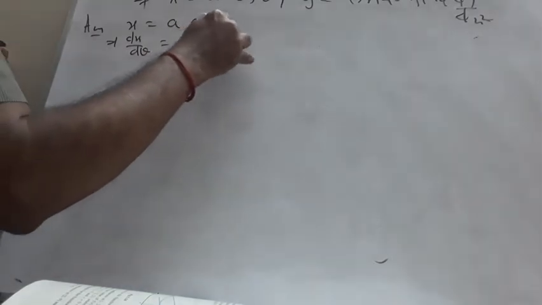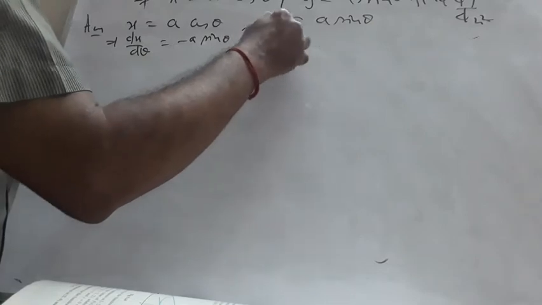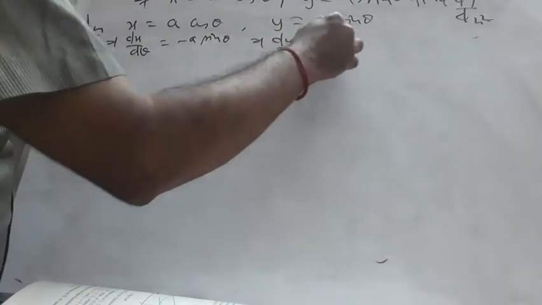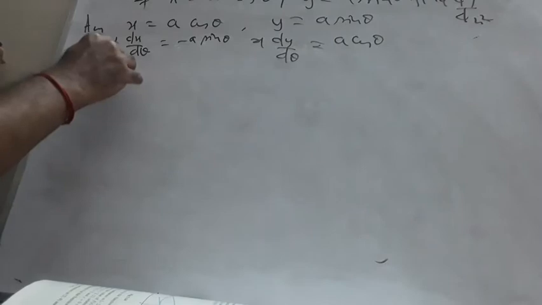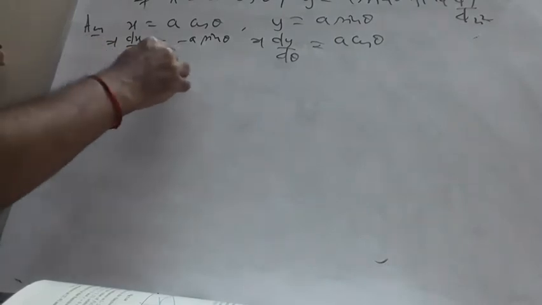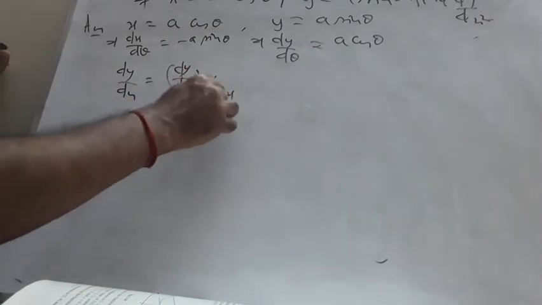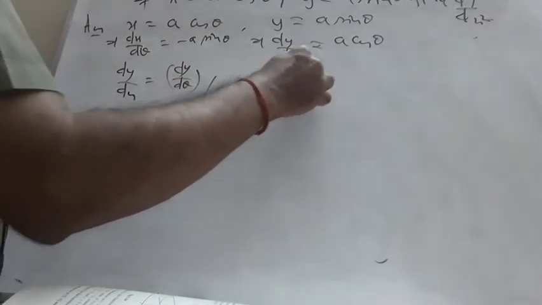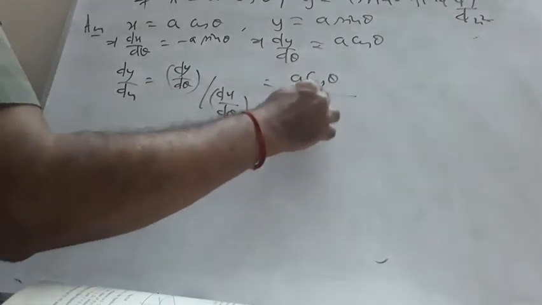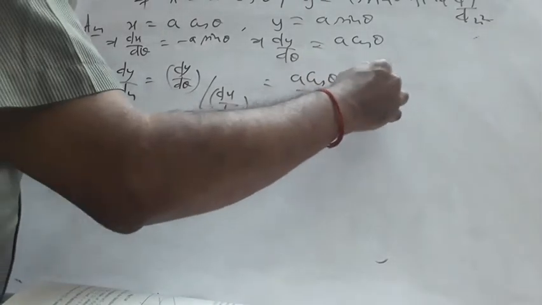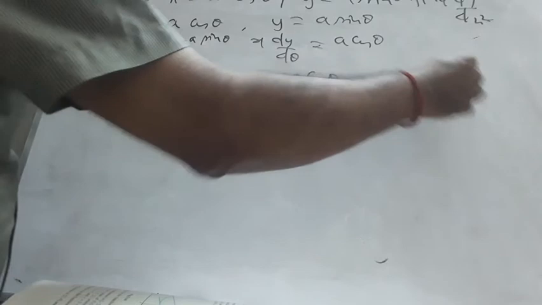Answer: x is equal to a cos theta implies dx by d theta is equal to minus a sin theta. y is equal to a sin theta implies dy by d theta is equal to a cos theta. Now dy by dx is equal to dy by d theta divided by dx by d theta, which is equal to a cos theta divided by minus a sin theta, which reduces to minus cot theta.